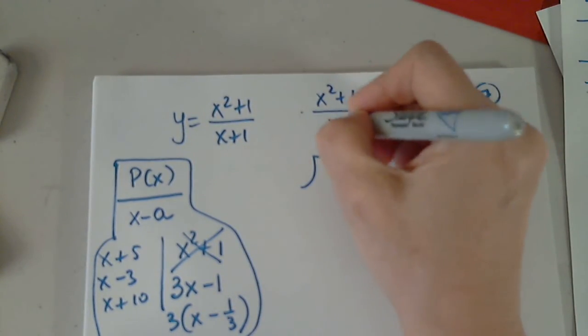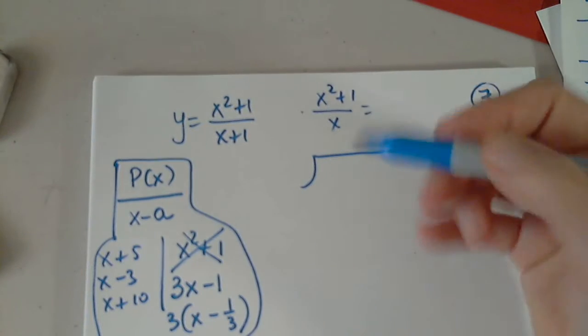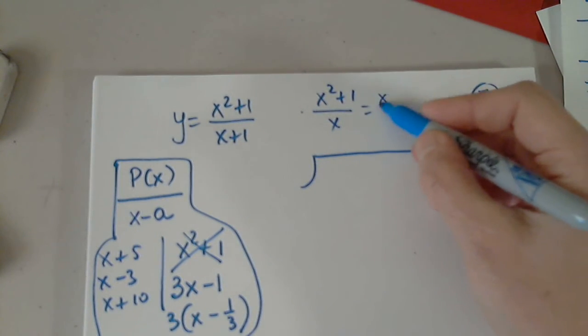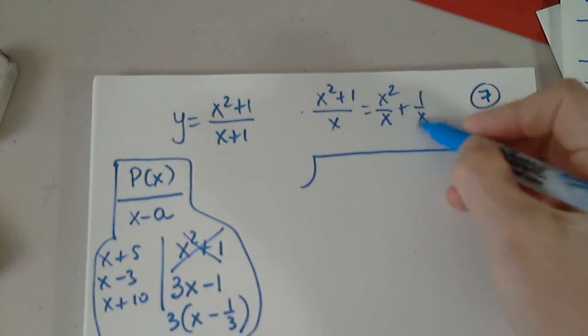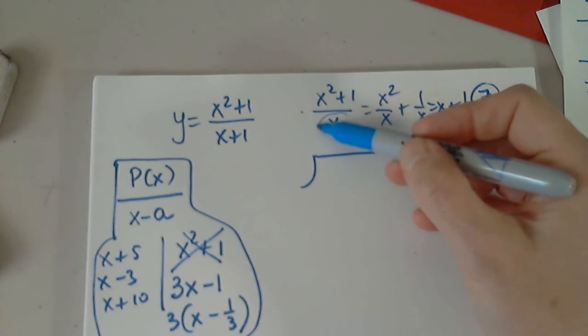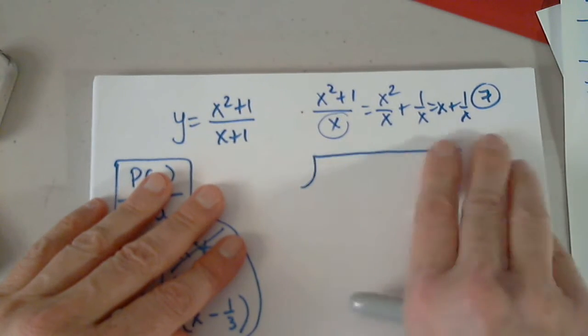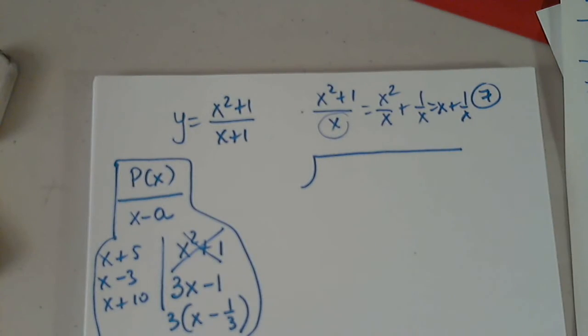So if you have x squared plus 1 divided by x, we do not use synthetic, we do not use long. We use what we just did on the previous problem. x squared over x plus 1 over x, and this becomes x plus 1 over x. So if the denominator is just one term, you just separate the terms and simplify.